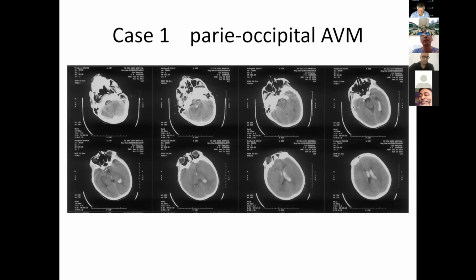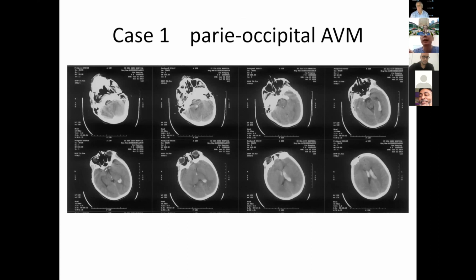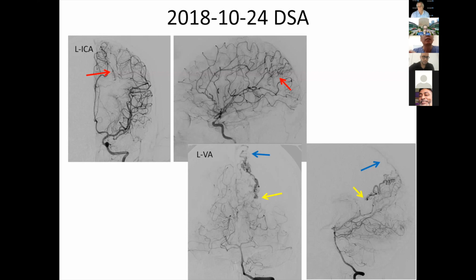This case is from the cortex to the deep location, from the superior anterior to the cerebellum. So just to show you some cases. This is a parieto-occipital AVM, a ruptured one. The DSA reveals its angio architecture. It's the left internal carotid artery injection.